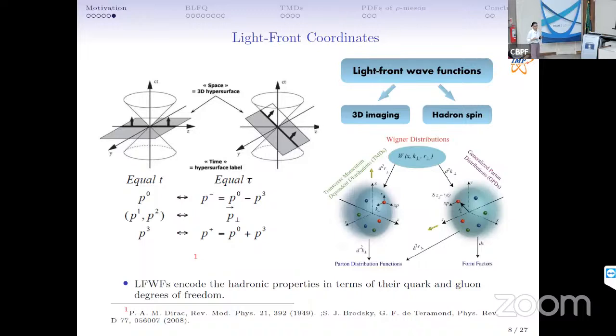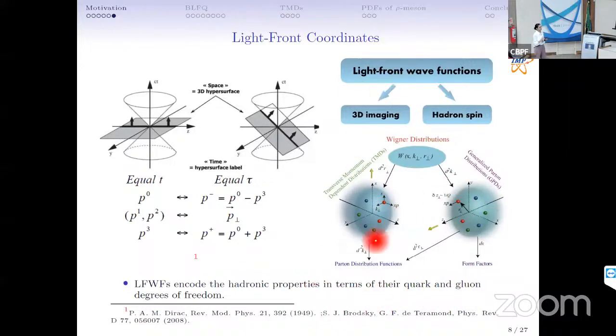So we chose the light front framework. Now we just need the light front wave functions, which can provide the 3D imaging of the hadron and the information on the spin.